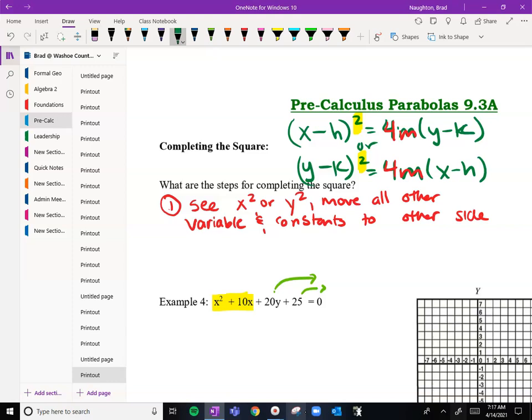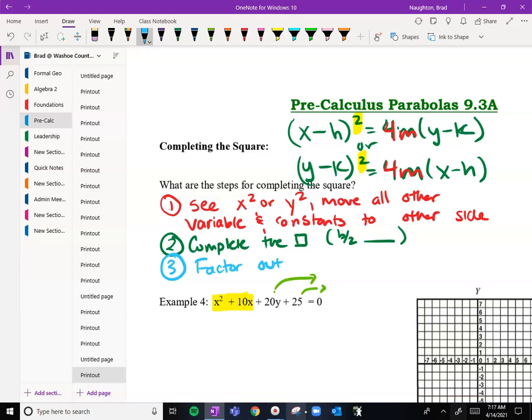So after we've decided what we're going to do, we're going to complete the square. That's the whole b divided by 2, squared, with our blank sort of situation that we've seen in our previous videos. That hasn't changed. After we've completed the square, you need to factor out the coefficients on the non-squared side.